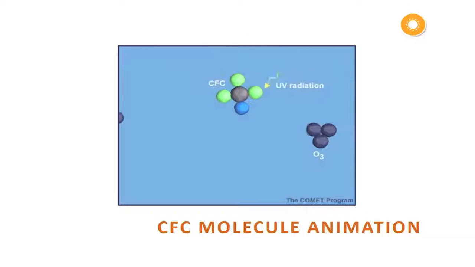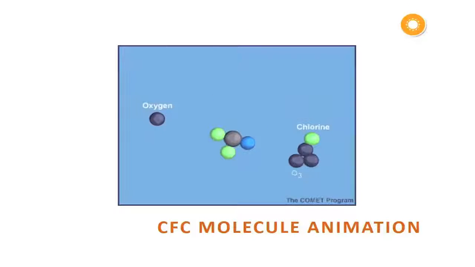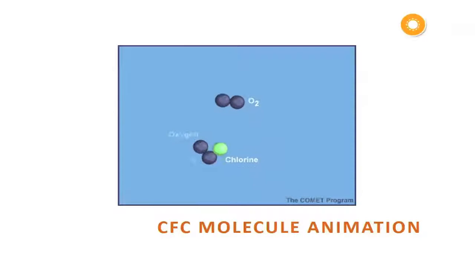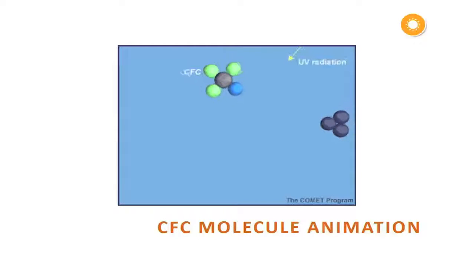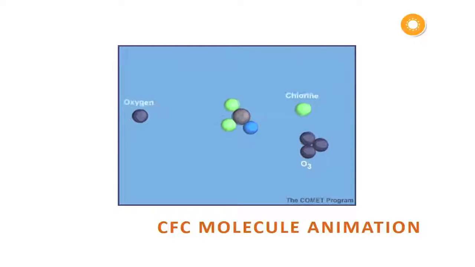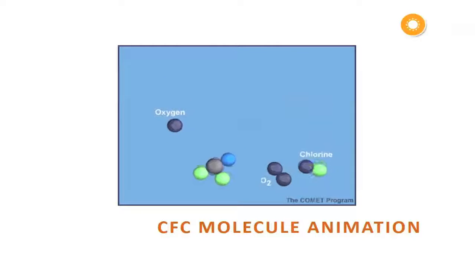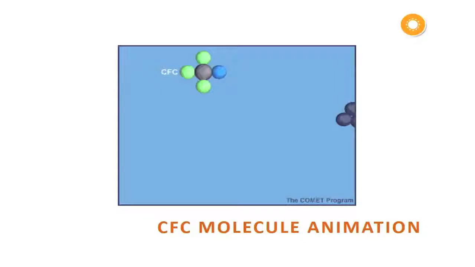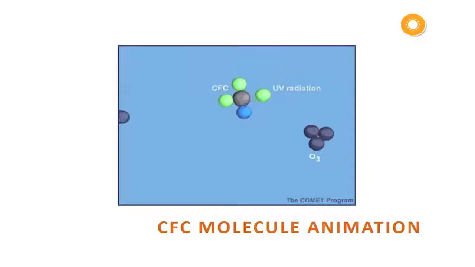So here we look at the actual process of the CFC molecule in the atmosphere and how it breaks up this ozone. So the process begins with a chlorine atom being broken off of a CFC molecule by UV radiation. The chlorine atom then breaks apart the ozone molecule, or O3, resulting in an oxygen molecule, O2, and a chlorine monoxide molecule.